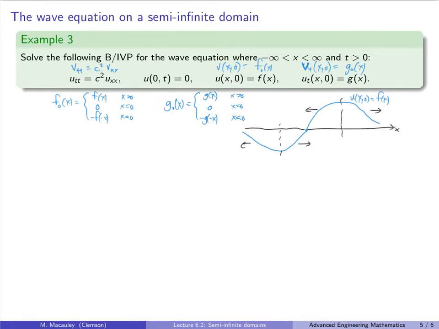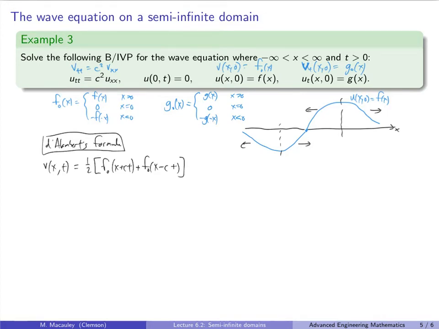So d'Alembert's formula, which is what we did in the previous lecture, says that v is 1/2 times f naught of x plus ct plus f naught of x minus ct. So this represents the initial wave, half of it going to the left and half of it going to the right.